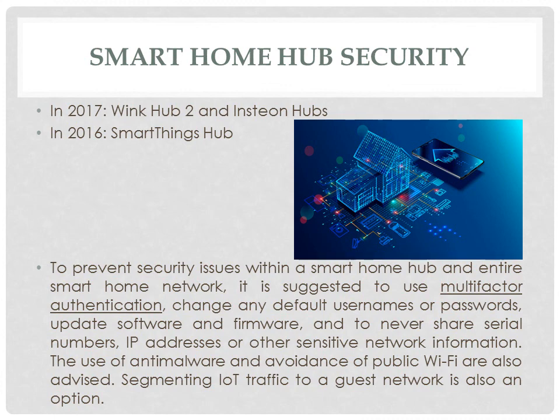Update software and firmware regularly, and never share serial numbers, IP addresses, or other sensitive network information. The use of anti-malware and avoidance of public Wi-Fi are also advised. Segmenting IoT traffic to a guest network is also an option.